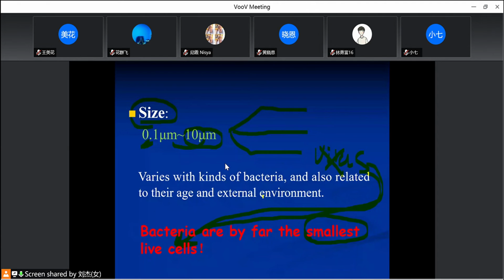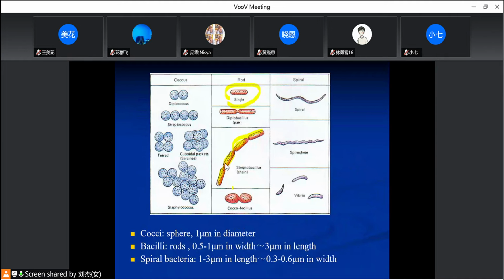Okay, now we know the bacteria. To continue, although they are all called bacteria, depending on their shape, some of them are called coccus, and lots of them are called cocci.